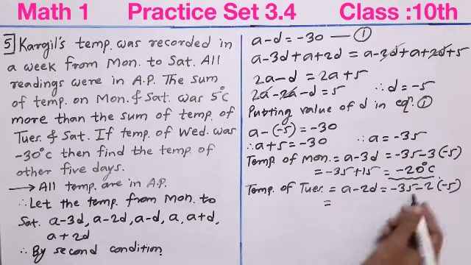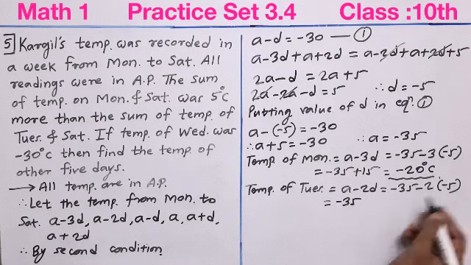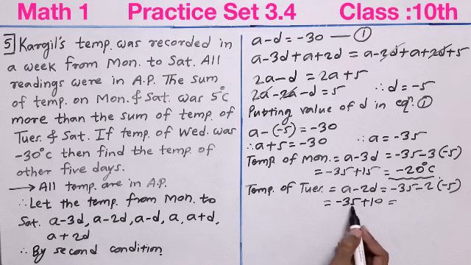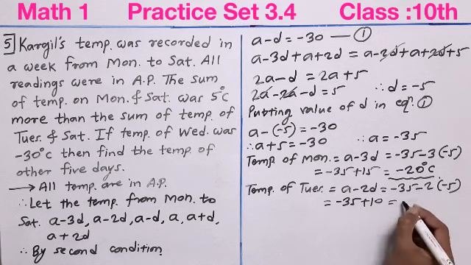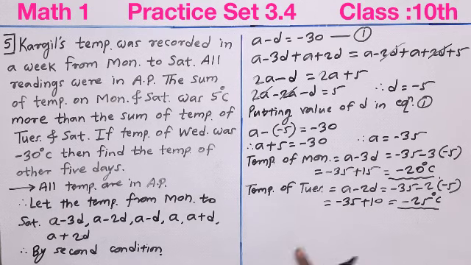Okay. Negative 35 will be as it is. Negative 2 into negative 5, positive 10. Again here one number is negative, other is positive, so there will be subtraction. 35 minus 10 becomes 25, and the sign of the bigger number is negative. So negative 25 degrees Celsius. This is the temperature of Tuesday, meaning the second day.